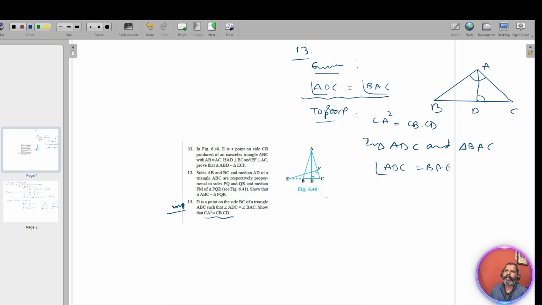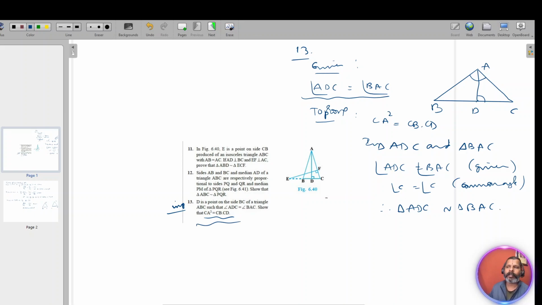Just write it, given. Okay. Observe ADC and BAC, we get angle C common. Therefore, C equal to C, common angle. Therefore, similar. Very easy. But to get only this required part, we cannot get that. So we just write all three ratios.